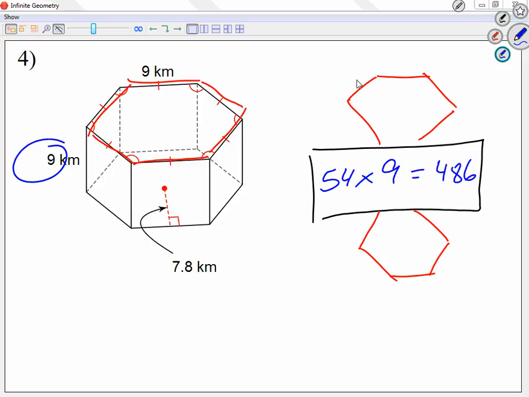Now for my hexagon, remember I have to go 1/2 times perimeter times apothem. So I have to go 1/2 times 54 times 7.8. That should give you 210.6.